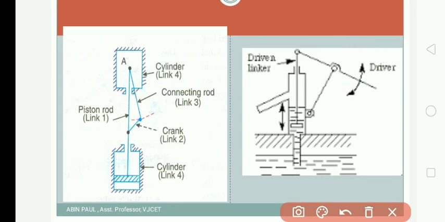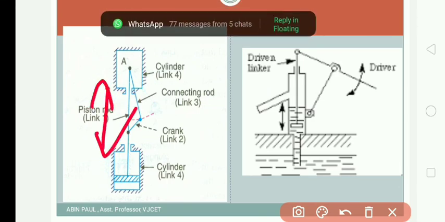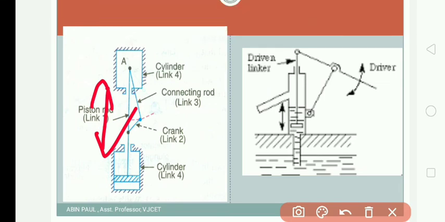So when we oscillate the lever, or use the lever to pump, the connecting rod, that's the third element, will oscillate along this path, which in turn moves the piston rod up and down like this. So it is used to draw water from the wells. That is the working of the pendulum or bull pump.